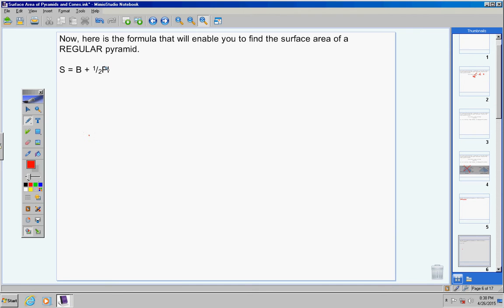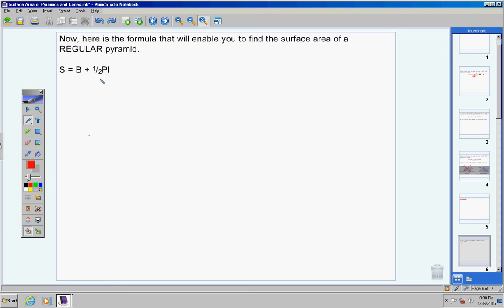In just a second, I will tell you what each variable stands for. Capital S equals capital B plus 1/2 capital P times little l. The book's going to write it like a cursive l. This is a lowercase l.